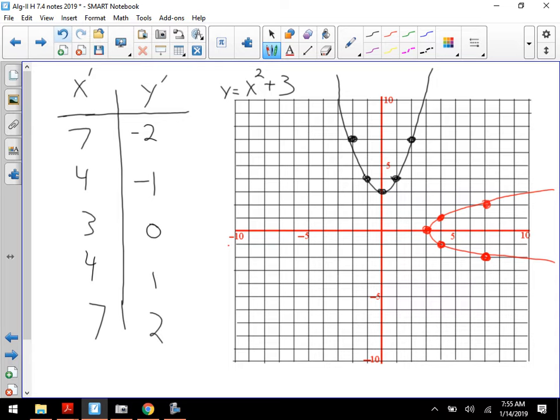And then the last thing I asked you to do was plot the line y equals x. When I plot the line y equals x, what's the y-intercept? 0. What's the slope? 1.